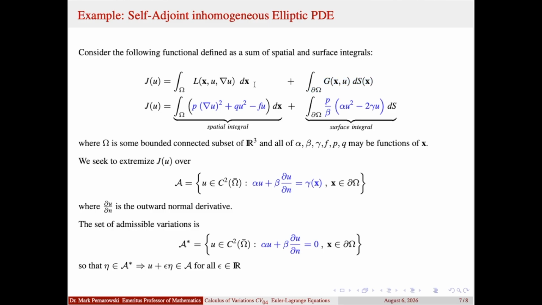So in other words, to find out the value of this functional, I need to know what the value of u of x is in the interior, and I also need to know its value u on the boundary. And if I know both of those things, I can compute the volume integral, add the surface integral, and that gives me a real number, which is defining the functional j of u.